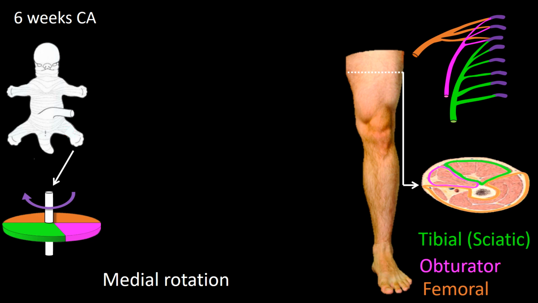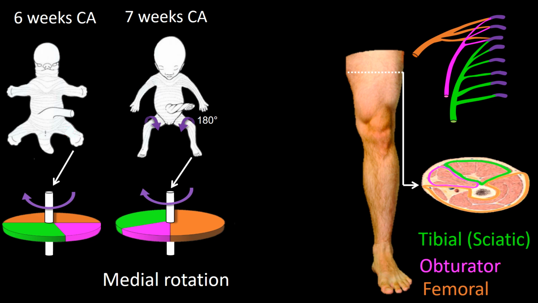The colors inside the circle correspond to the muscles innervated by the different nerves. So muscles innervated by the obturator occupy an anterior lateral position. Sciatic nerve innervated muscles, for the most part corresponding to the tibial nerve innervated muscles, are located in the anterior medial region, and femoral innervated muscles have a posterior position just before rotation starts.